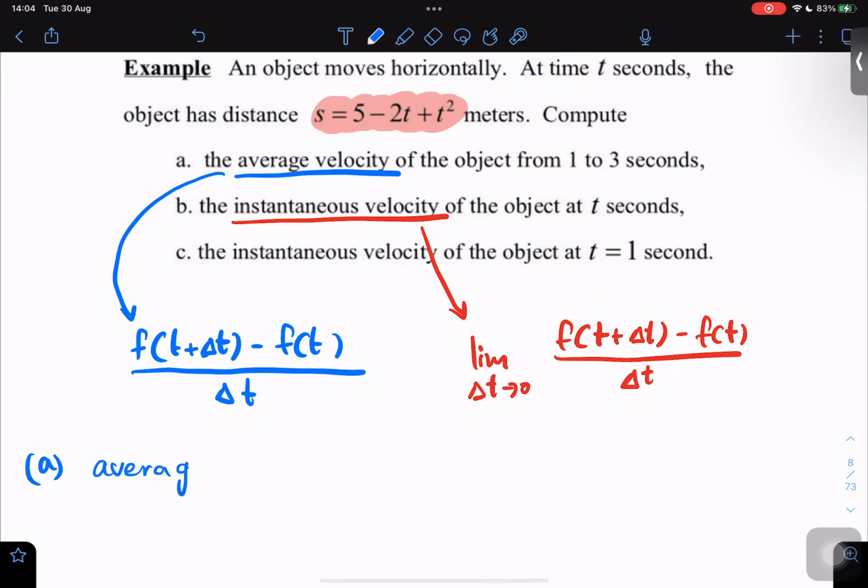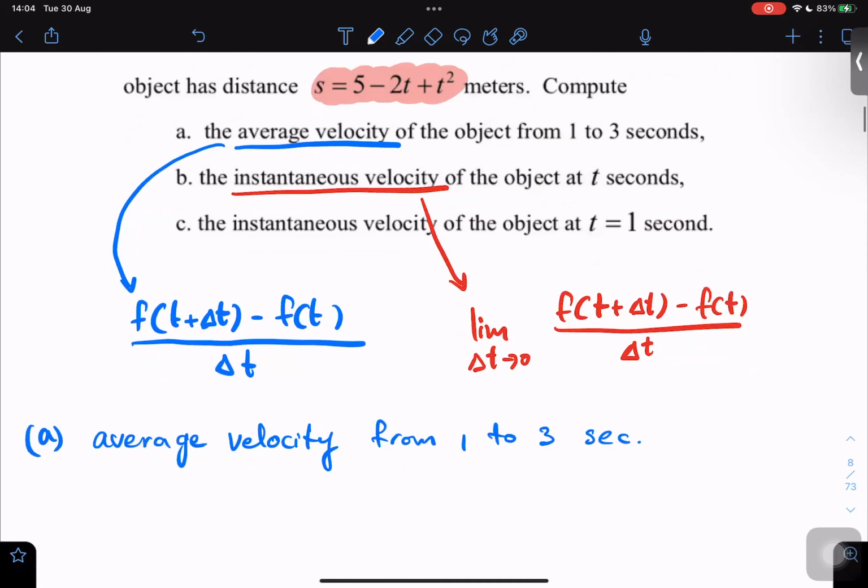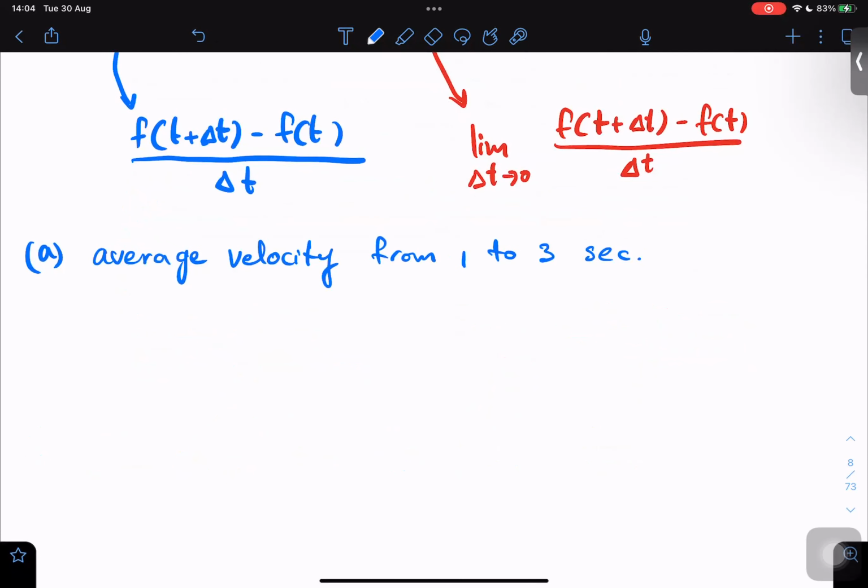This is equal to f of, in this case, t is equal to 1 and delta t is equal to 2, because t plus delta t has to be equal to 3 here, the finish line.